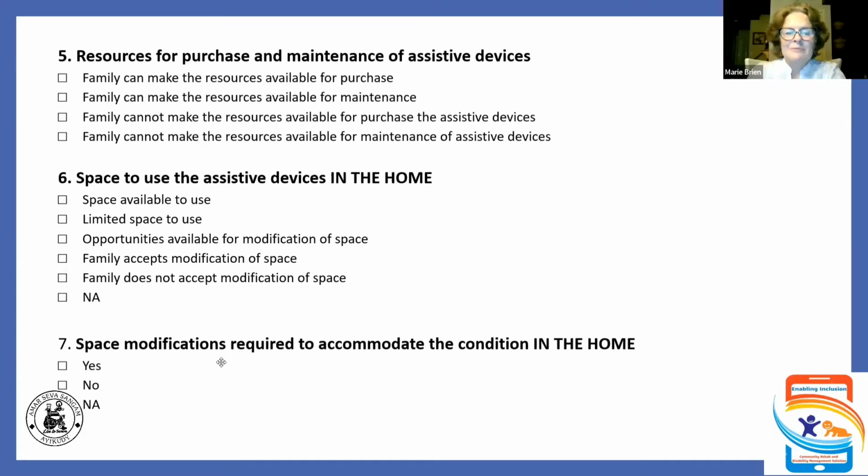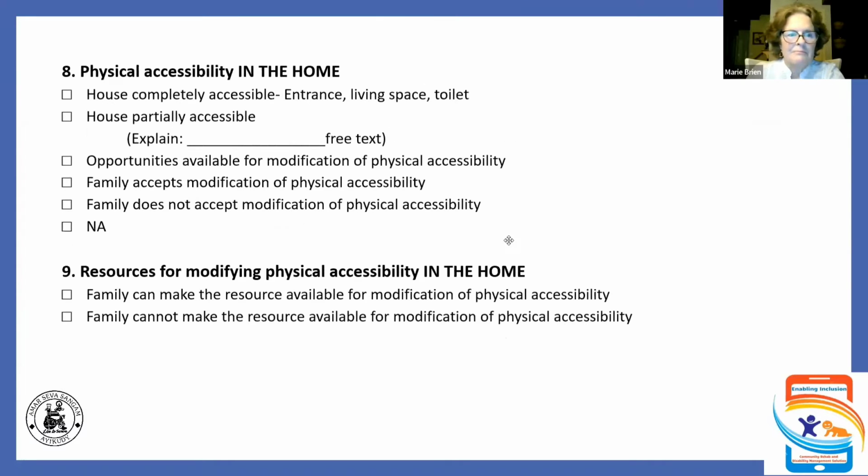We look at space, whether or not space modification is required to accommodate the child's condition within the home. We look at the physical accessibility in the home. Either it's completely accessible or partially accessible. We look at the opportunities to modify the home and whether or not the family accepts the modifications or does not accept.